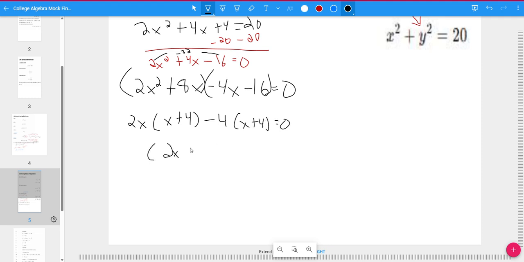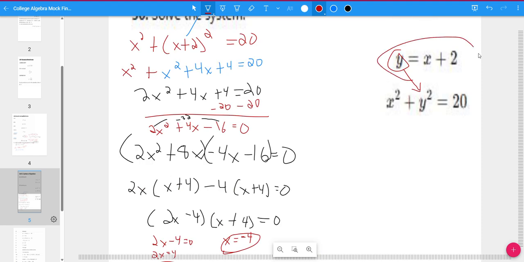So that ends up being 2x minus 4 and x plus 4 equals 0. If I set those equal to 0 and solve, 2x minus 4 equals 0. If I add 4, that gives me 2x equals 4. Divide by 2, I get x equals 2. And then here, I just get x equals negative 4. Parentheses are liars, I just flip it real quick. So these are my two values to plug back in.